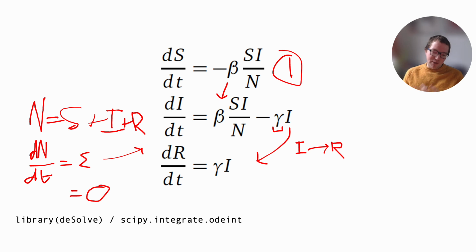But often for biology we actually do want to get the solutions over time, and we can solve those numerically, by doing some form of numerical integration. So in R, there's the differential equation solver package. In Python you've got the ODE integration.